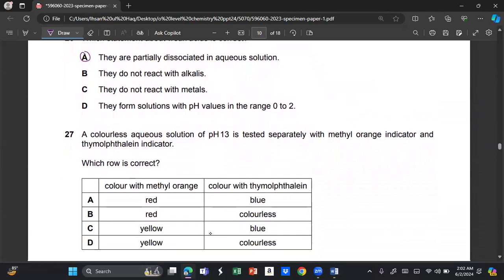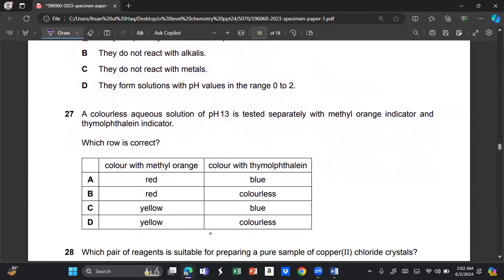The question number 27. A colorless solution of pH 13 is tested separately with methyl orange indicator and thymolphthalein indicator. Which row is correct? Option A. Color with methyl orange, red. Color with thymolphthalein. Color with methyl orange is yellow when pH is 13 because the solution is basic.